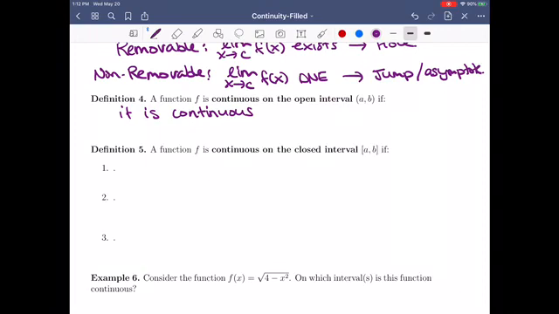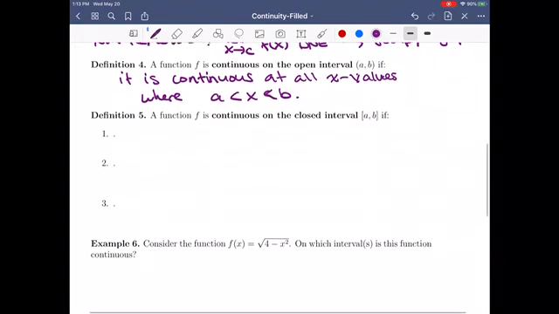So continuous at all x values, where x is between a and b, but not including. If it's continuous everywhere in between, then it's continuous on that interval.